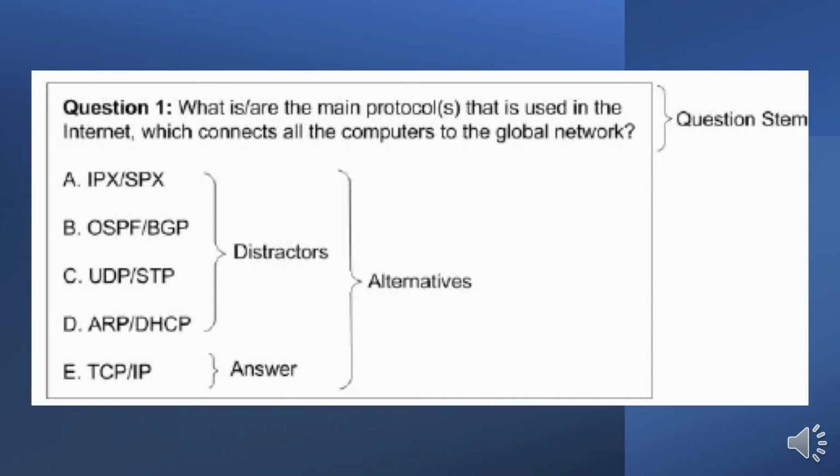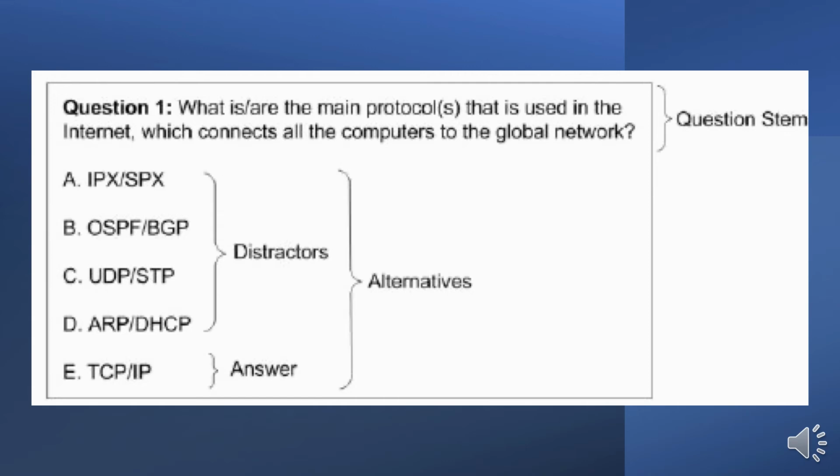I'm going to show you an example here. This slide is an example of an objective question, a multiple choice question, which has 5 items, which is being discouraged now, as 4 items are just enough and more attractive.